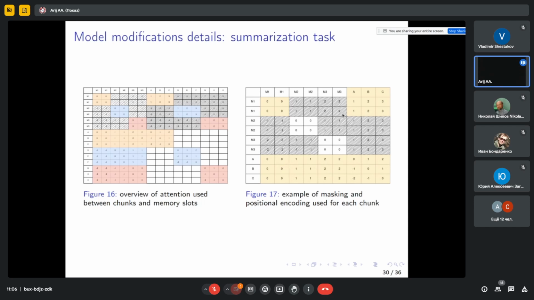We also need to compute the positional encoding between the memory and the related chunk. So 0 is the position of the memory tokens, and as usual, just the distance between the tokens of the chunks and the memory.